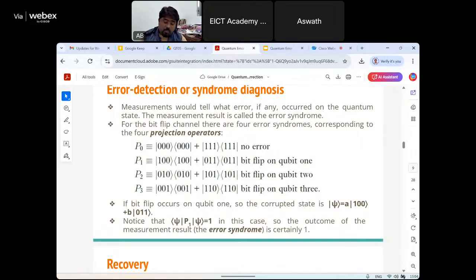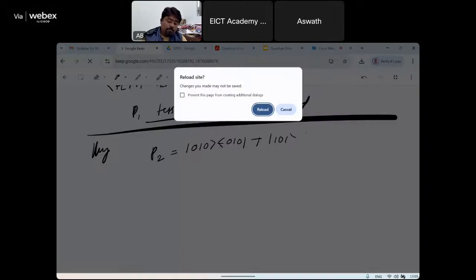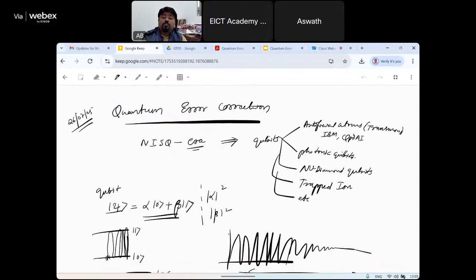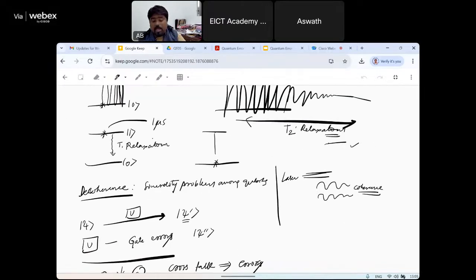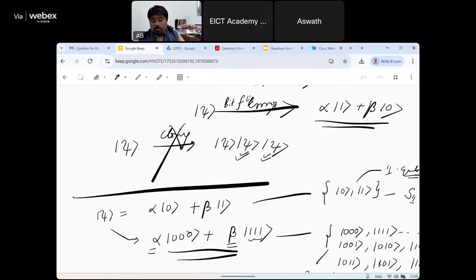So by just acting P0, P1, P2, P3 on the quantum state, I would get a chance to find out whether the quantum state which I have chosen got flipped on the first, second or third, or there is no flip at all. So just by knowing what happens, I can easily find out where the error is, where the problem is.